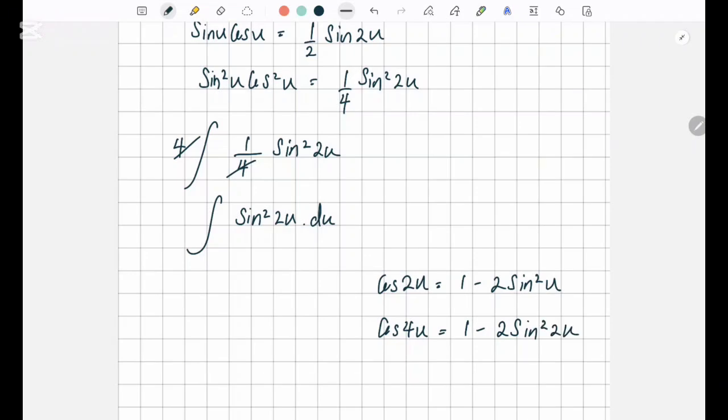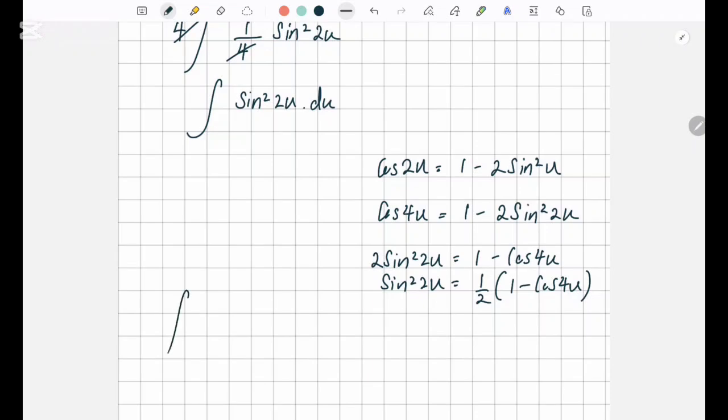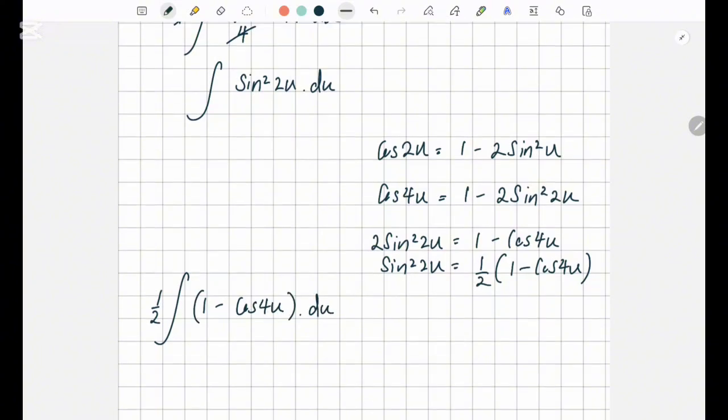So then you can write 2 sine squared 2u equals 1 minus cos 4u. So sine squared 2u equals half into 1 minus cos 4u. So all you have to integrate now, you can take half outside, it's 1 minus cos 4u du.